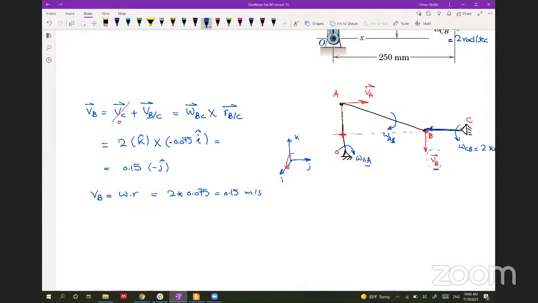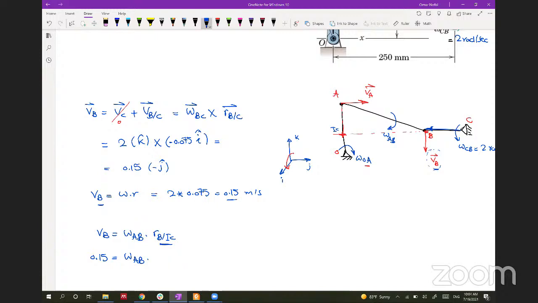If we want to get the velocity of B from this instantaneous center, VB will be equal to the omega AB multiplied by RB with respect to the instantaneous center. So we know VB right now, 0.15 meter per second, because we got it from the right member, but we don't know omega AB.